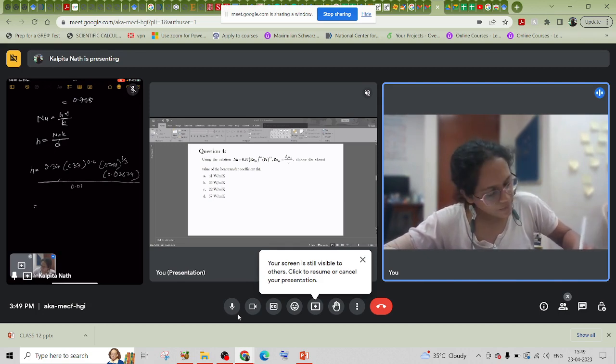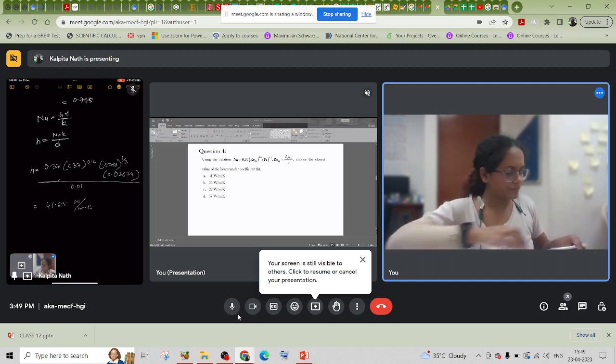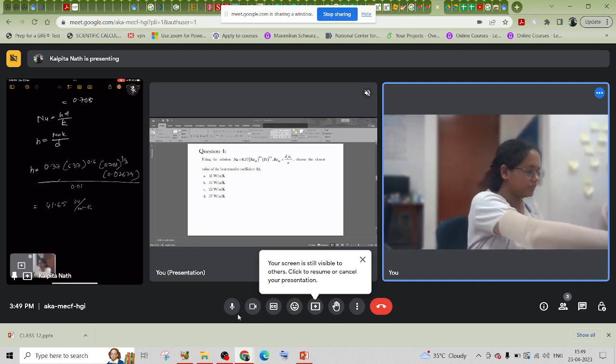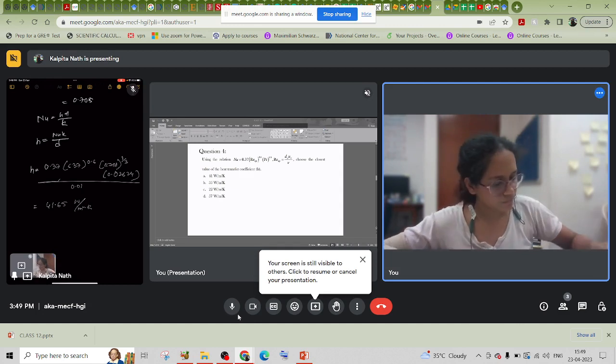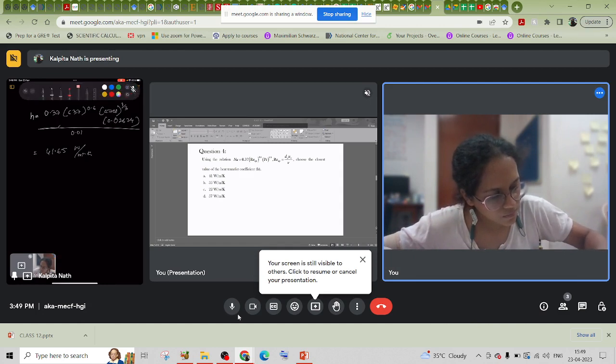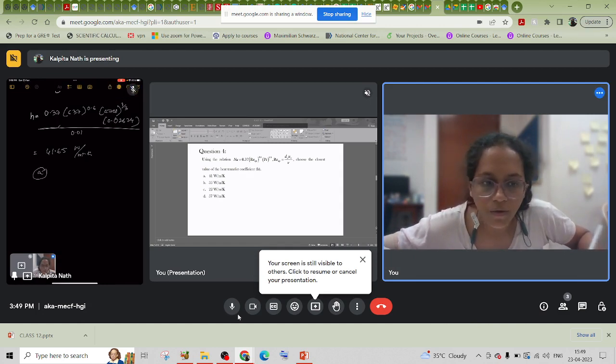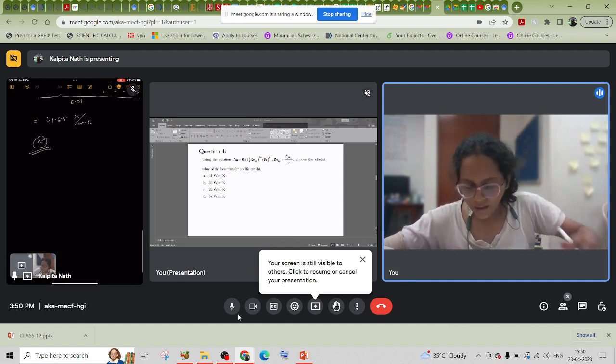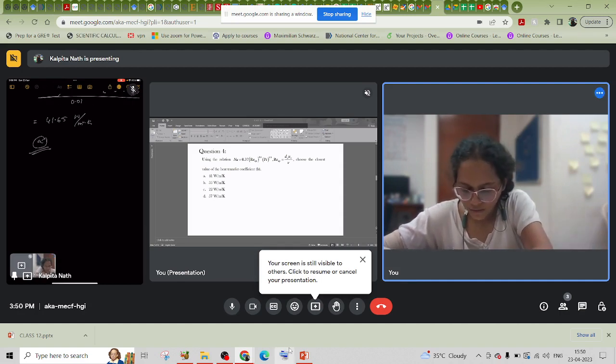So this becomes 41.65 watt per meter square Kelvin. Okay, so as we can see from the options, this is option A, correct? Okay, let us proceed to question number 5.